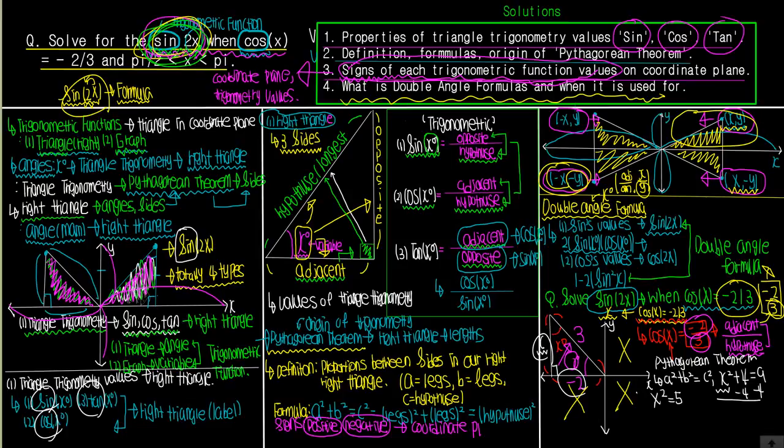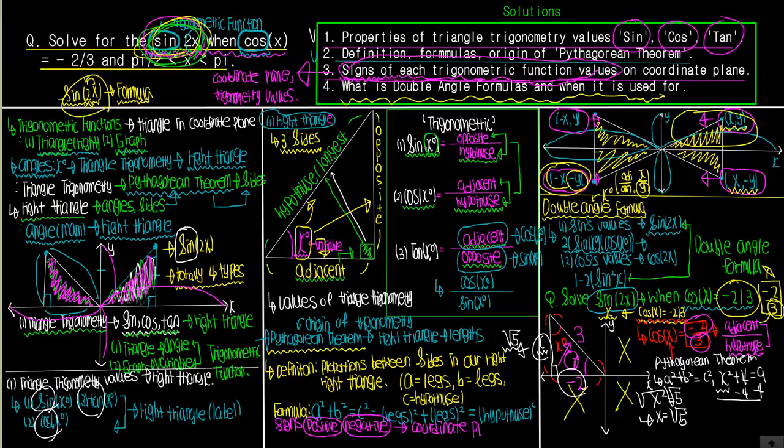To solve for the x value, we take the square root, and the x value will be square root of 5. So this will be square root of 5, this will be 3, and this will be negative 2.